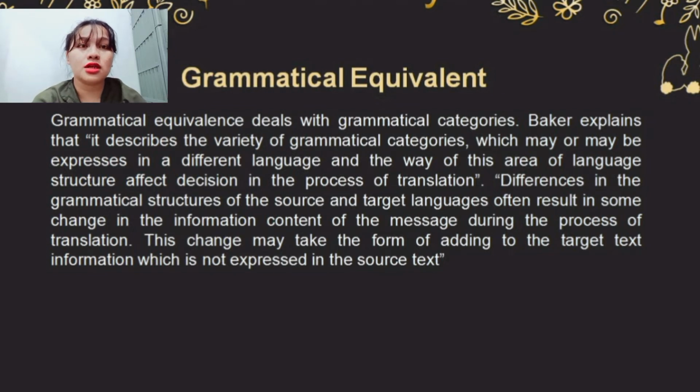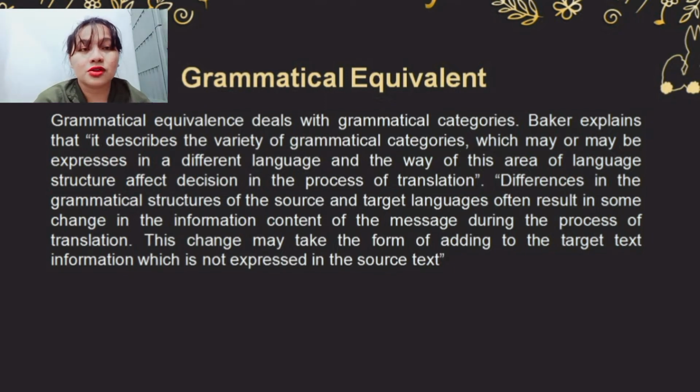Grammatical equivalence deals with grammatical categories. Baker explained that it describes the variety of grammatical categories which may or may not be expressed in different languages, and the way this area of language structure affects decisions in the process of translation.